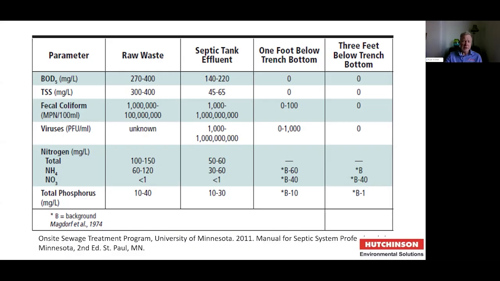And you can see there that with the nitrogen about halfway down, you get background levels of nitrogen, background levels of, well, NH4 is ammoniacal nitrogen, NO3 is nitrate, background levels in that. And with total phosphorus, you get background levels and on towards 10 milligrams per litre in a good drainage field, and even better when you're looking at 3 feet below the trench bottom.